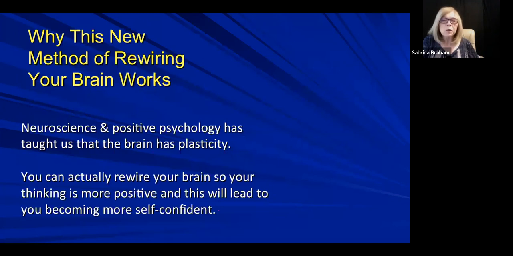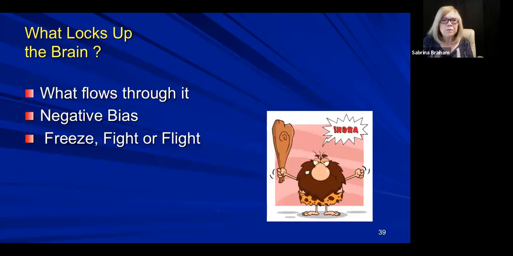You can actually rewire your brain so that your thinking is more positive, so that you will become more confident, and you will not be putting your own barriers in your way. I think it was Pogo, one of the comic strip characters, who said, how do you succeed when the enemy is in your brain? And that's what we're wanting to do, is get rid of that internal enemy.